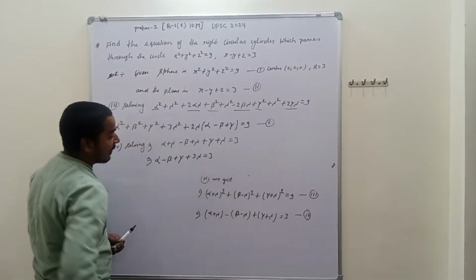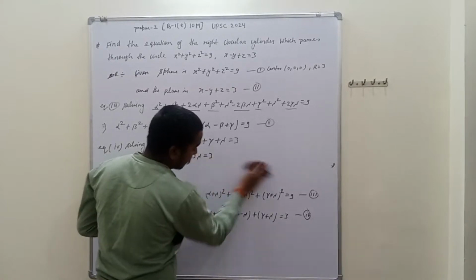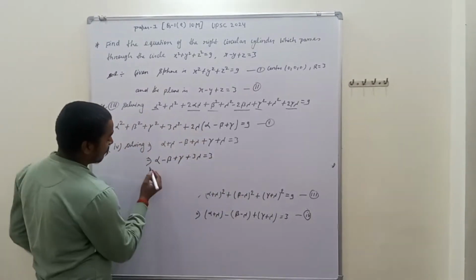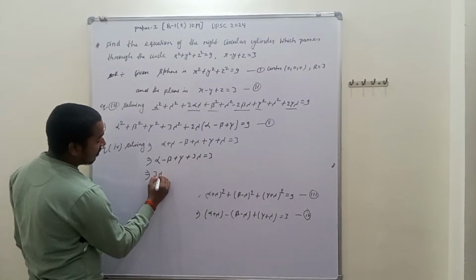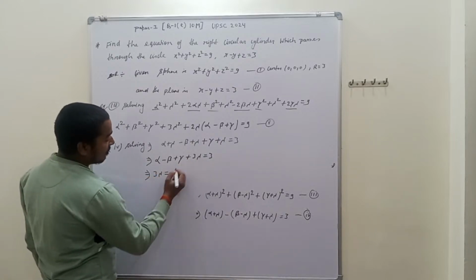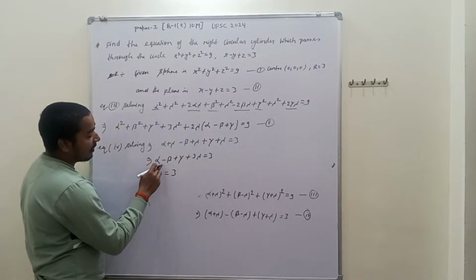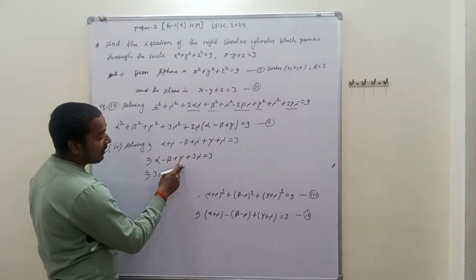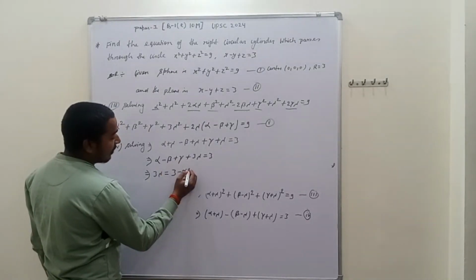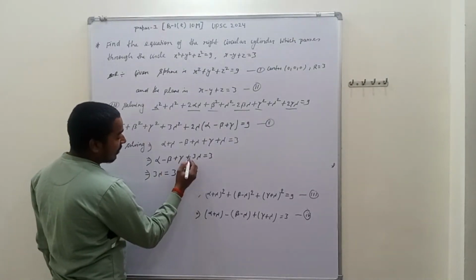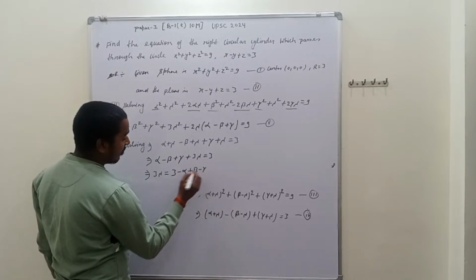We have to find it from here, that is 3 lambda is equal to 3, and alpha minus beta plus gamma taken to the right hand side, that is minus alpha plus beta minus gamma.